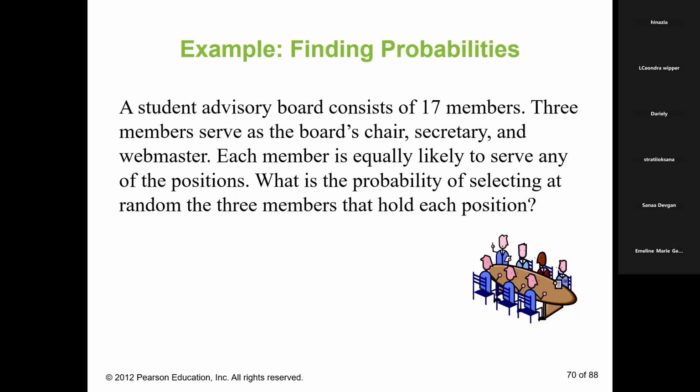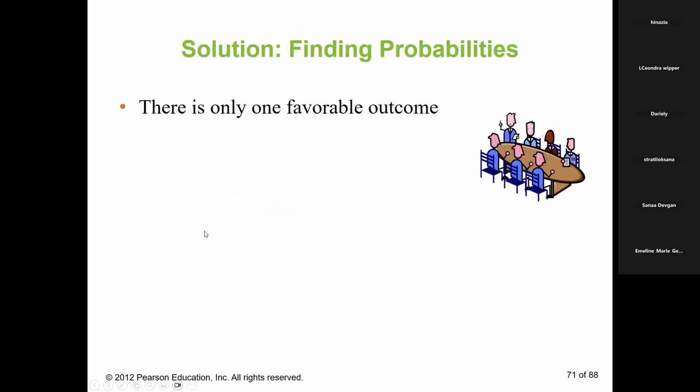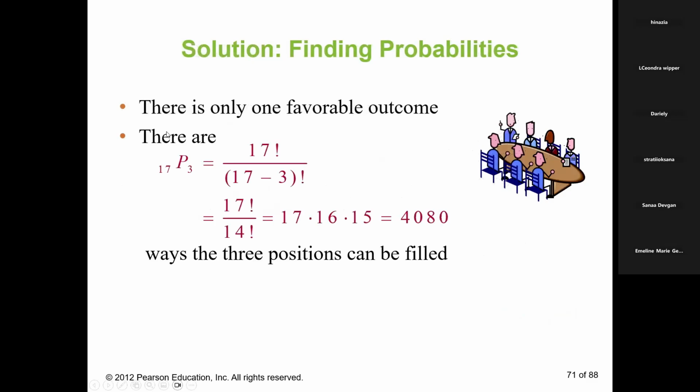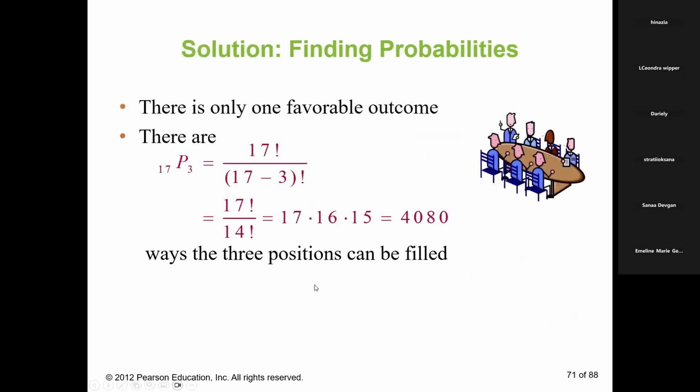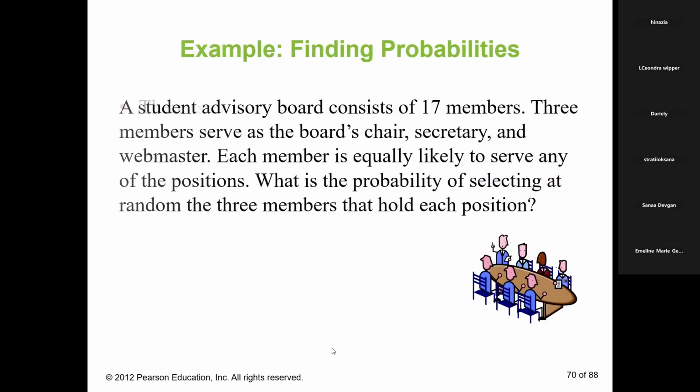Are we done? Yes. Okay. So there's only one favorable outcome here. So we got 17 members, 3 members serve. So that's a permutation here. Why is it permutation?